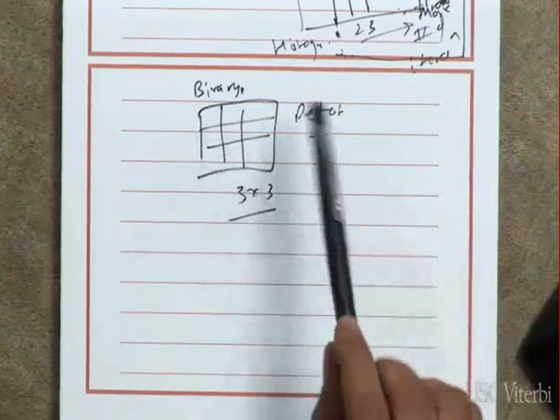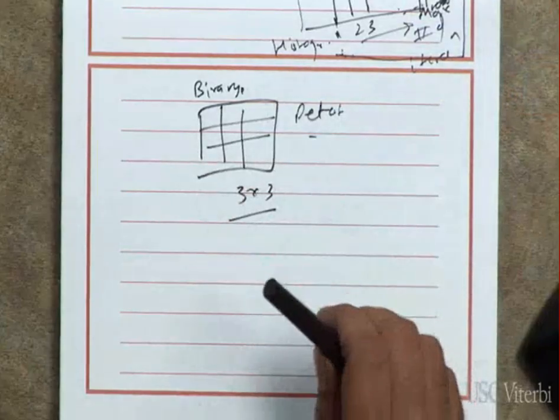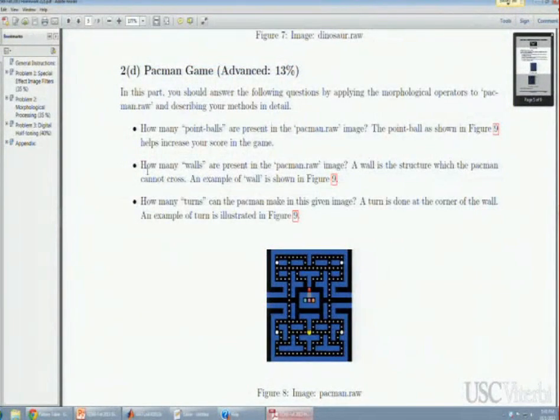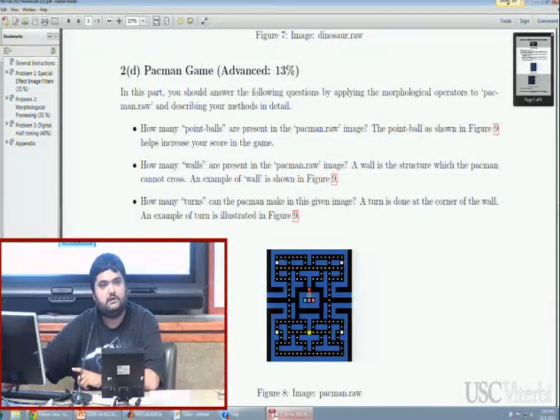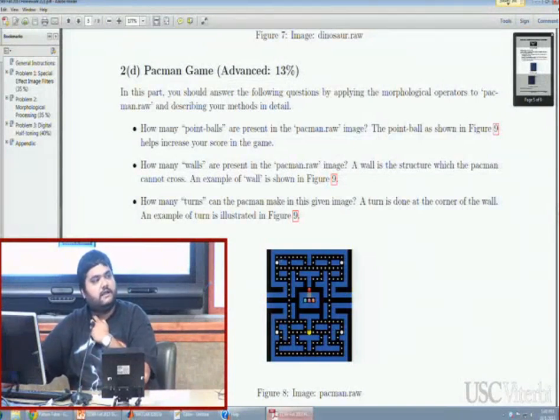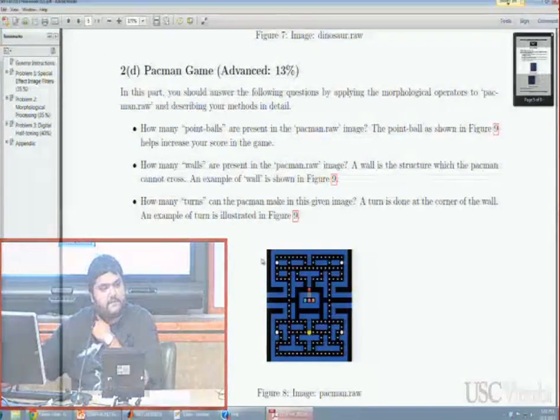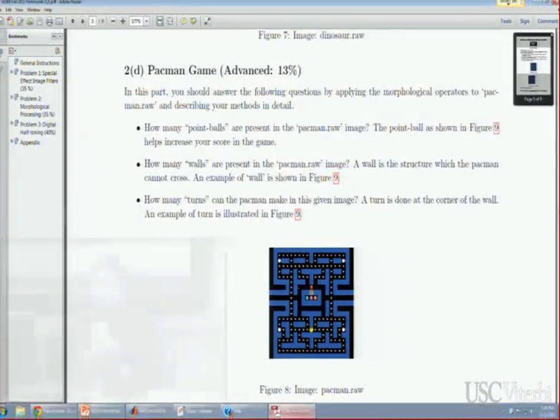Can I have the screen back on? One thing again I have to clarify, the larger ones are not the point balls which we are talking about. I think in the lecture, Professor by mistake mentioned that these are the balls, right?